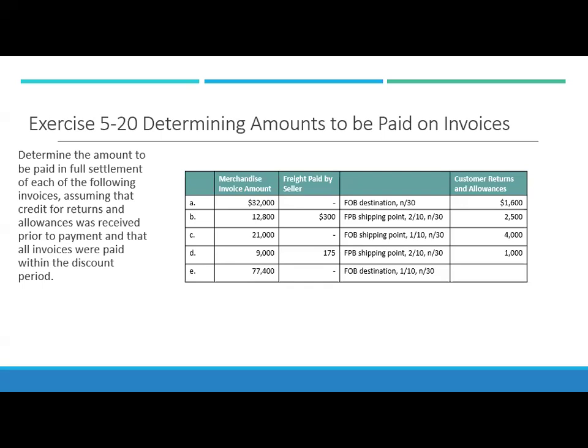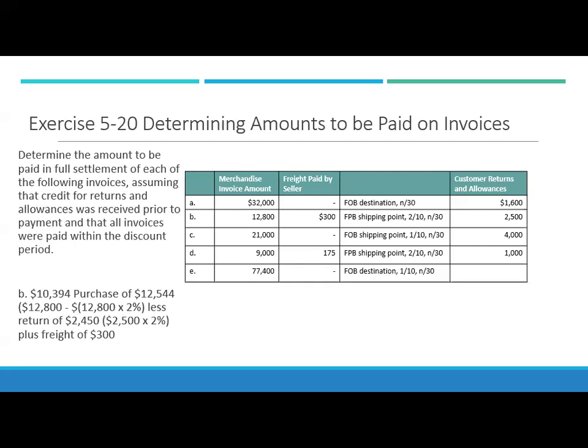So for example, to calculate for item B here, this second one, the initial amount was 12,800. There was $2,500 in returns. The terms were 2/10 net 30, and it was paid within the discount period. So we calculate 2% off the net amount, which is 12,800 minus 2,500.